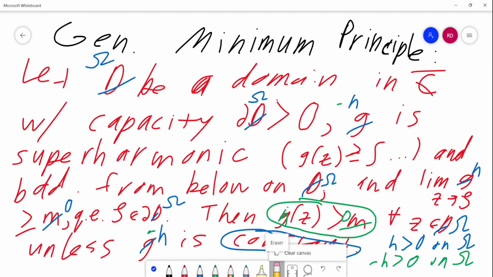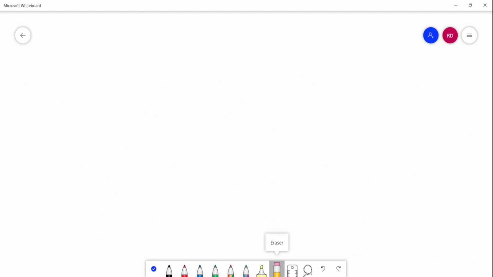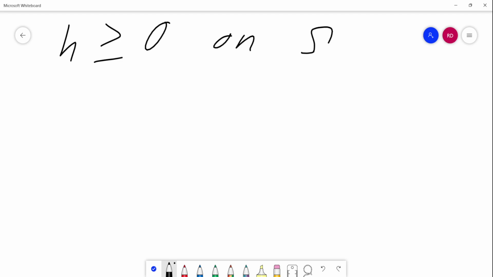I feel like I may have overcomplicated that. I'm not quite sure if there's any way to simplify it. The basic idea being that our function h was greater than or equal to 0 on the boundary of omega, and therefore h is strictly greater than 0 on omega itself.